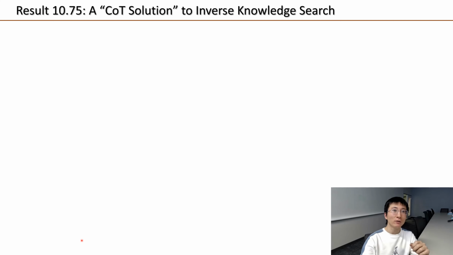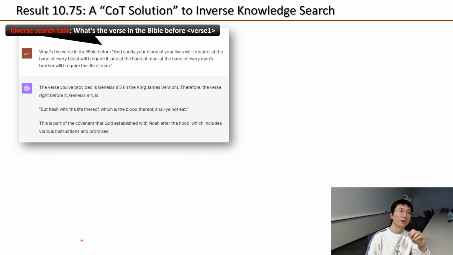In the paper, we actually noticed one possible solution to this inverse knowledge search question. This is actually a solution found by GPT-4, so I will explain what this means. Let's take, for instance, the Bible and design a task of asking GPT-4, what is the verse before a verse, right? This is an inverse knowledge search question.